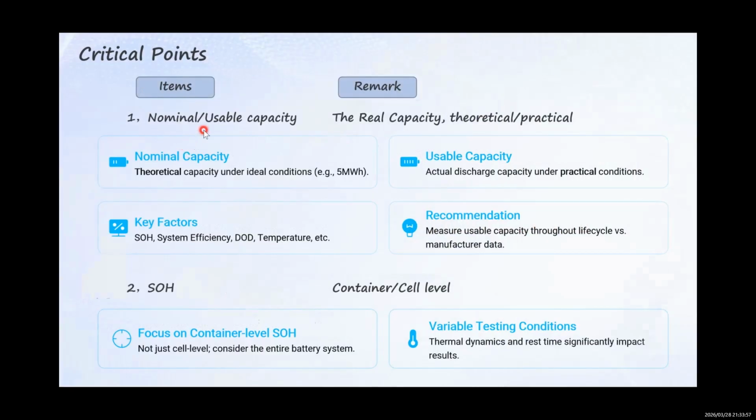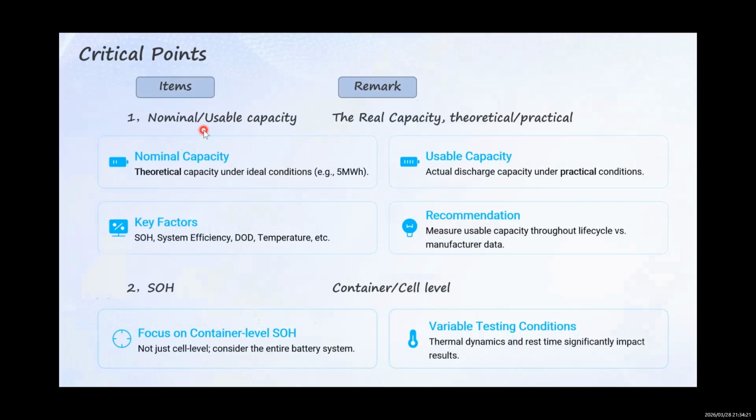First point, nominal capacity and usable capacity. For example, 5 megawatt-hour battery containers means 5 megawatt-hour capacity can be discharged in theoretical operating conditions, which may be different from reality.